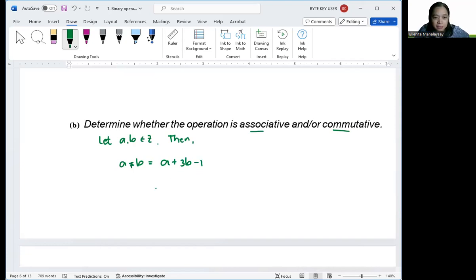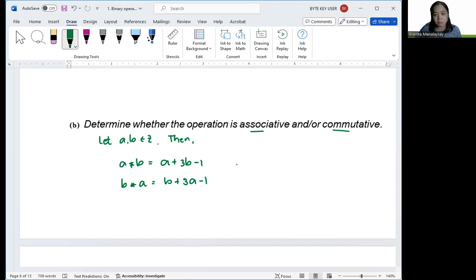Then how about B star A? How do we define this operation? We have the first member plus 3 times the second member minus 1. So B star A is equal to B plus 3A minus 1.